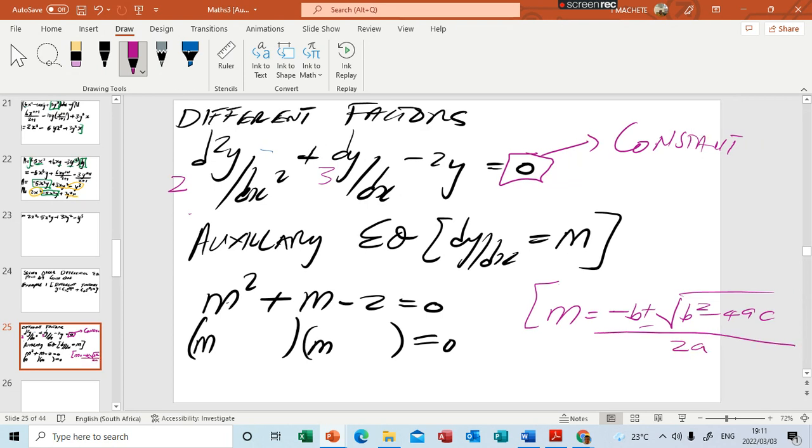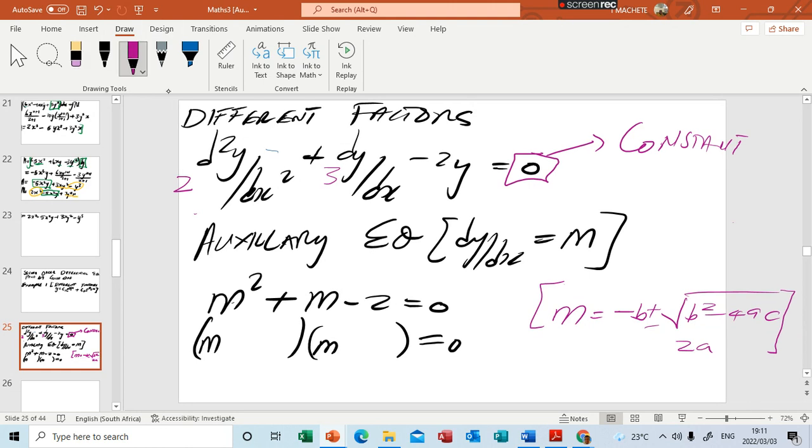This is an alternative method of finding factors. This one, we're going to use it. I prefer using this one for everywhere, in fact. But if you see that it's easy to find factors, there's no need for you to stress. You check if you'll be able to find factors or not. If you can't find them, use this quadratic equation.